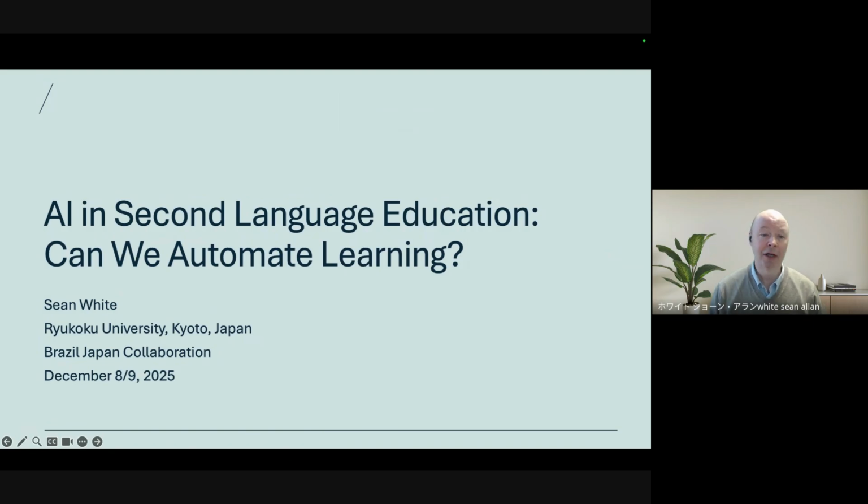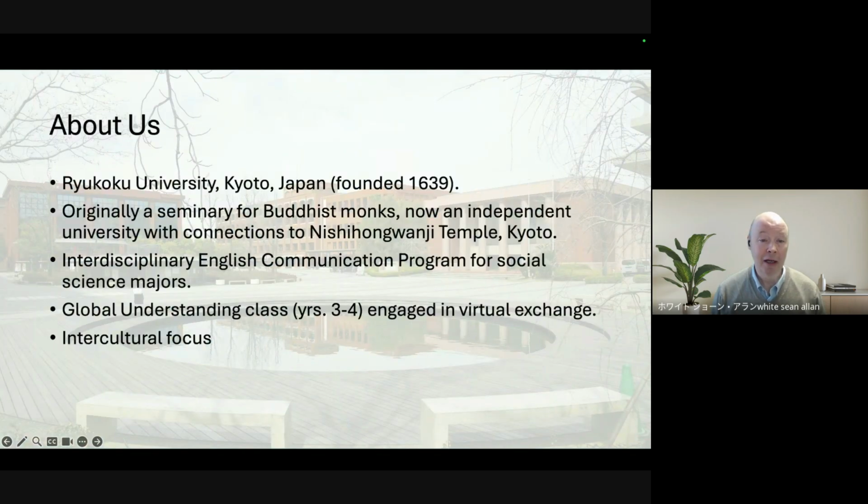We're in Kyoto, Japan, the traditional capital of Japan. Just to give you a little bit about us, our university was founded in 1639. We were originally a seminary for Buddhist monks. Kyoto is known for its large number of Buddhist temples.